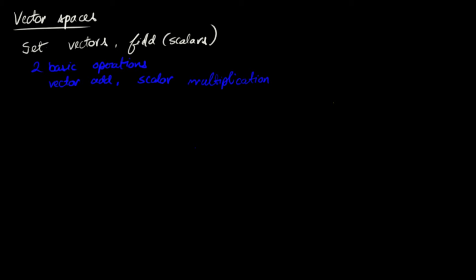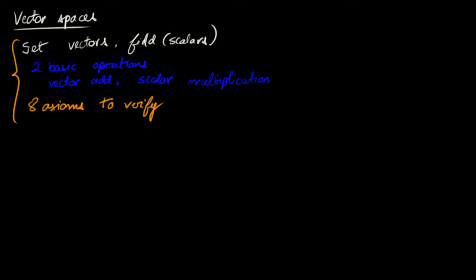Those are the two main operations that are defined, and then we have 8 axioms to verify. Okay, so that's basically an overview of what we did.